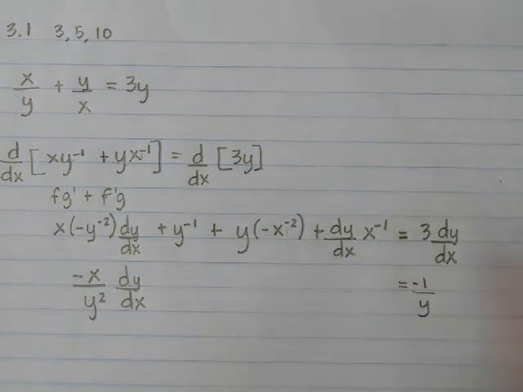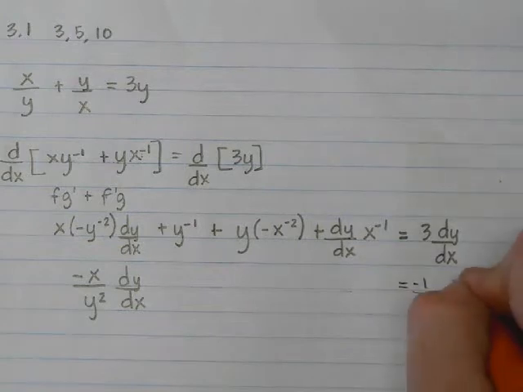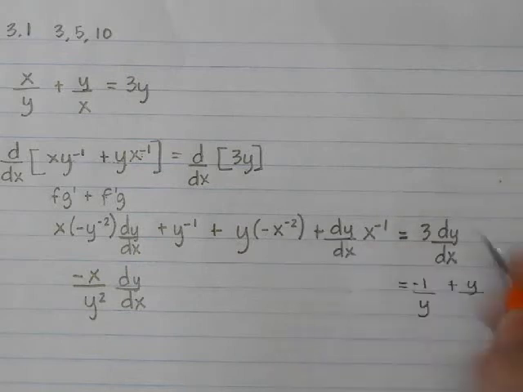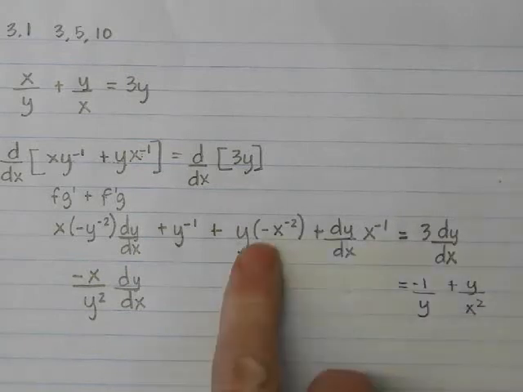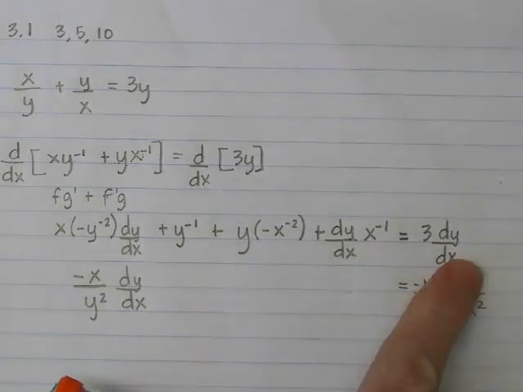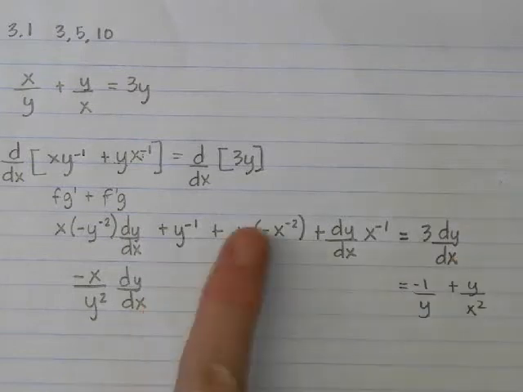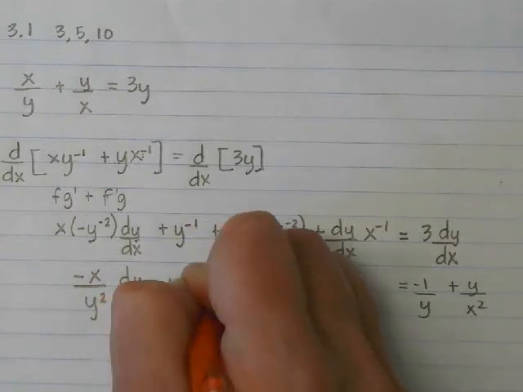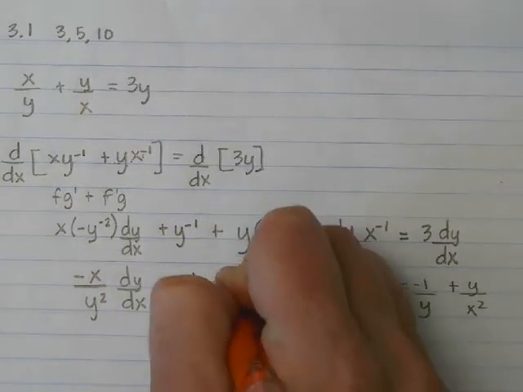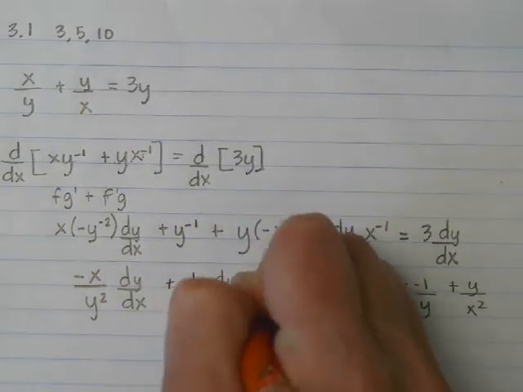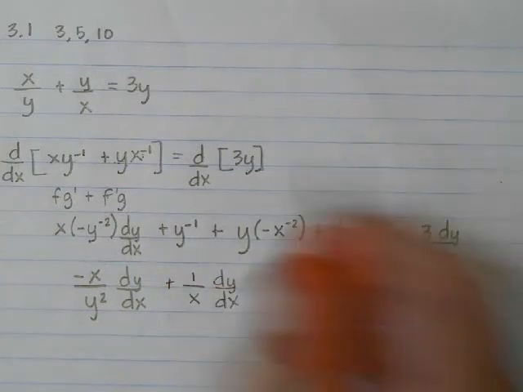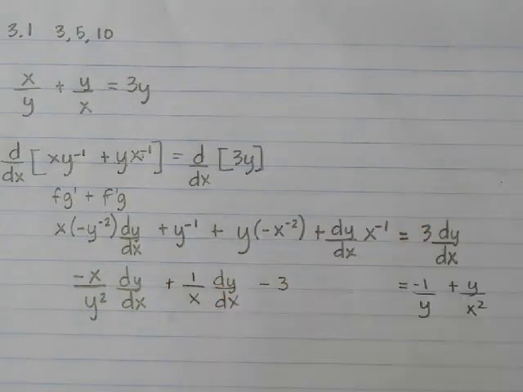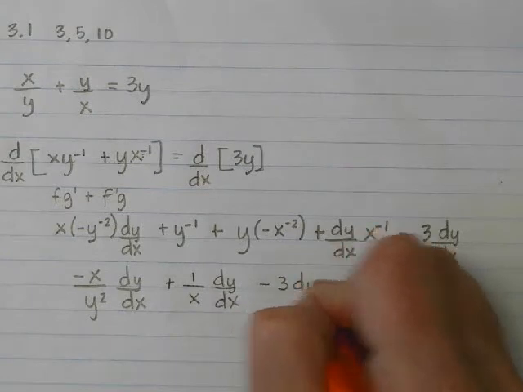Remember, it was negative, but when I move it to the right-hand side, it's going to become positive, so it's a plus y over x squared. This term right here is 1 over x dy/dx. And I'm going to bring this over here, minus 3 dy/dx.